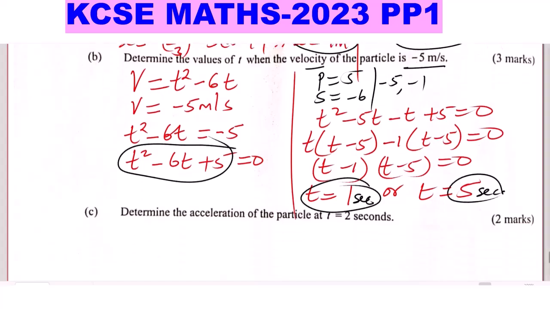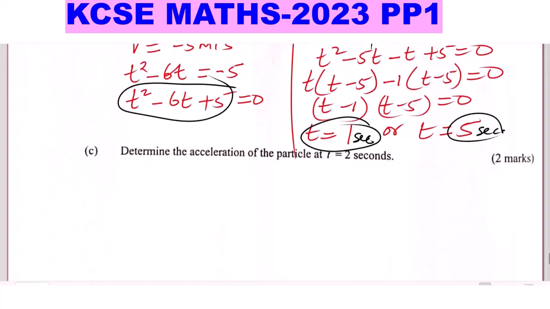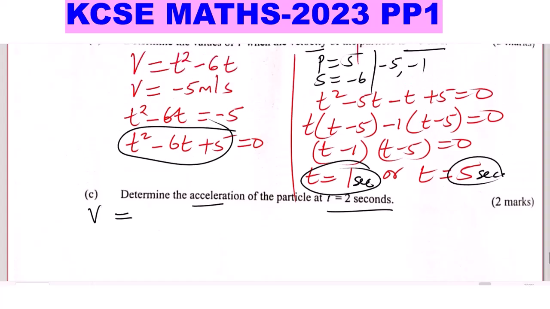Simple as that. Part C, determine the acceleration of the particle at t is equal to 2 seconds. So how do you get acceleration? We get it after differentiating velocity. So we have the velocity, which is given by t squared minus 6t.